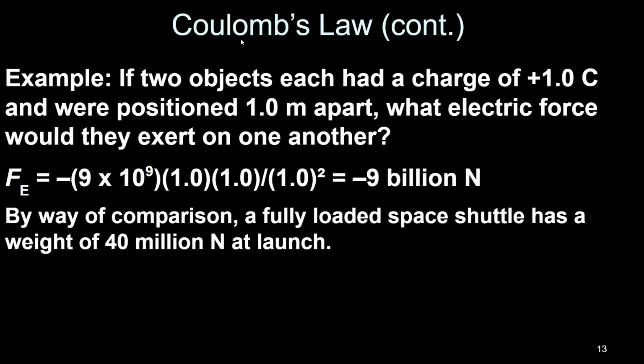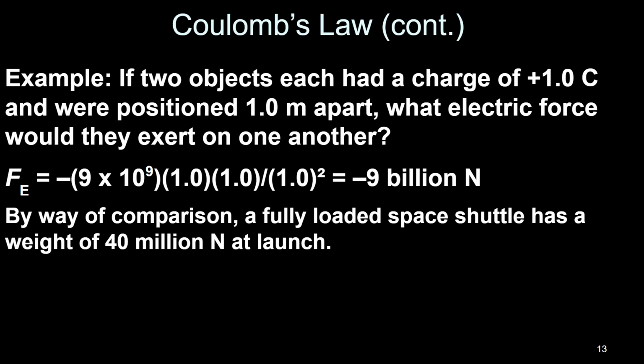So just to let you know how big of a charge a coulomb is, let's say two objects, no matter how tiny they are, they could literally be grains of sand, or they could be a normal ball for visualization. If two objects each had a charge of +1 coulomb and were positioned 1 meter apart, what electric force would they exert on one another? Since we know Coulomb's law, you can just plug in the numbers.